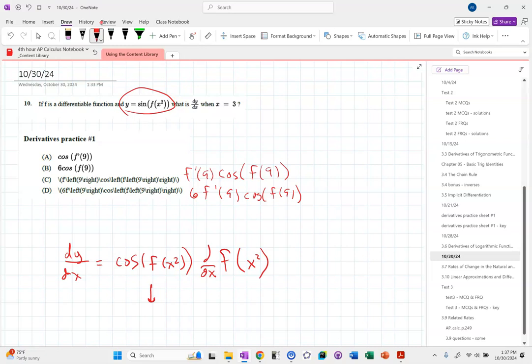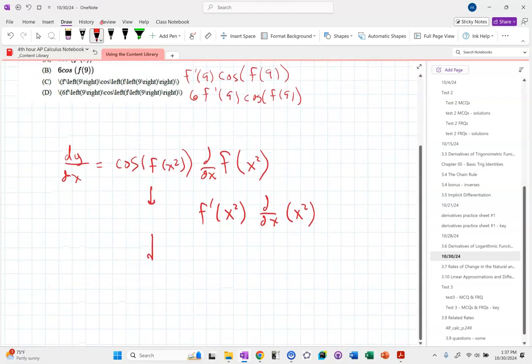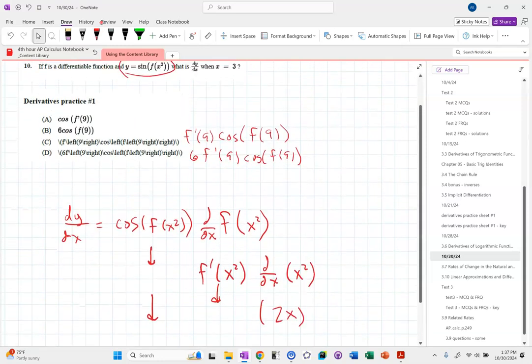So that's going to come down. The derivative of f is just f prime. Inside stays the same. And then I have times the derivative of that inside. And the derivative of that is 2x.